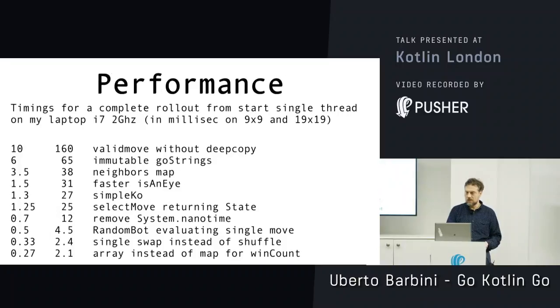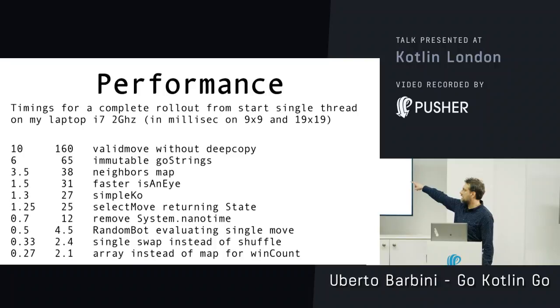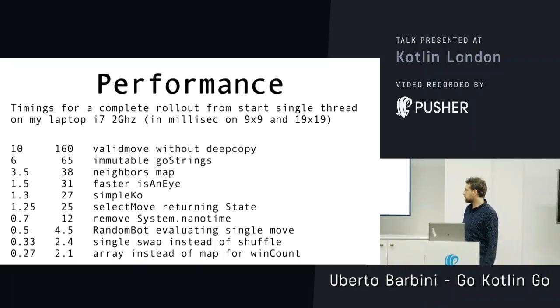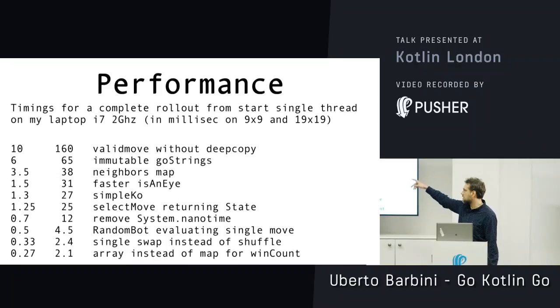So when you write software to play Go, the most important part is how fast you can evaluate this rollout. This is on my laptop, so nothing particularly fancy. The first line was when I just took the Python code, copy-pasted it and translated it into Kotlin. Let's just look at the first, or just the second, column.